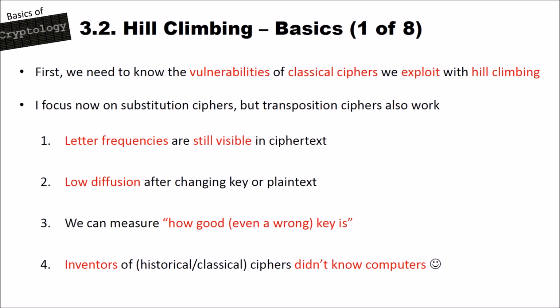Second, and this comes from modern cryptanalysis, low diffusion after changing the key or plaintext. The third one is that we can measure how good even a wrong key is. What this means we will see on the next slides. And of course the fourth vulnerability is that the inventors of historical or classical ciphers didn't know computers, so we make a lot of advantage using these.